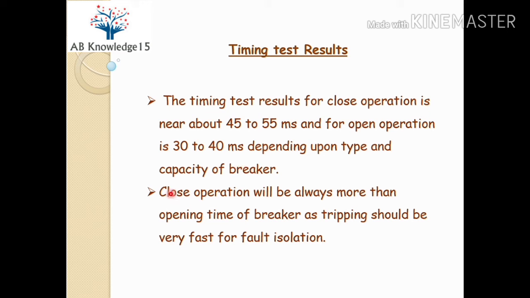Here one thing to note is that close operation time will always be more than the opening time of breaker, as tripping should be very fast for fault isolation. So if you carry a timing test for a circuit breaker, you will get the values of tripping time that will be lower than the closing time of operation.